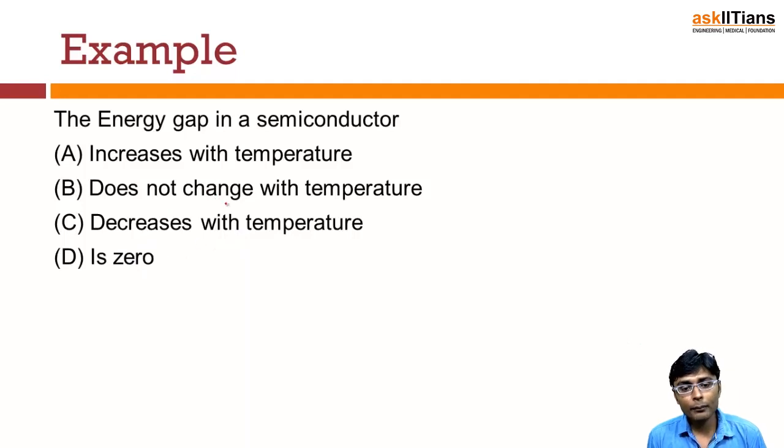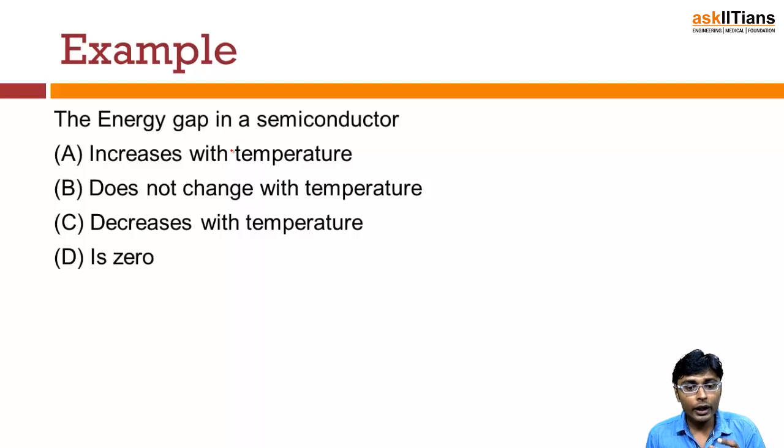If we talk about the energy gap and the effect of temperature, as we said, if we increase the temperature, more bonds will break in the valence band, and more electrons will shift from the valence band to the conduction band. So we will have more electrons in the conduction band.